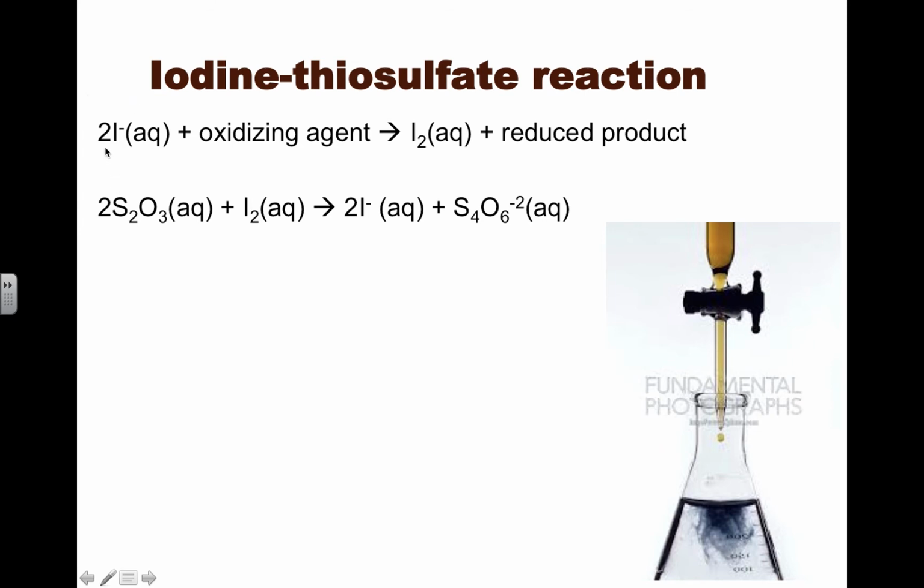We react the iodide ion with whatever oxidizing agent or thing that we want to measure, and it forms iodine and then the reduced product. And then we titrate that iodine with the thiosulfate. And so we can kind of reverse engineer it.